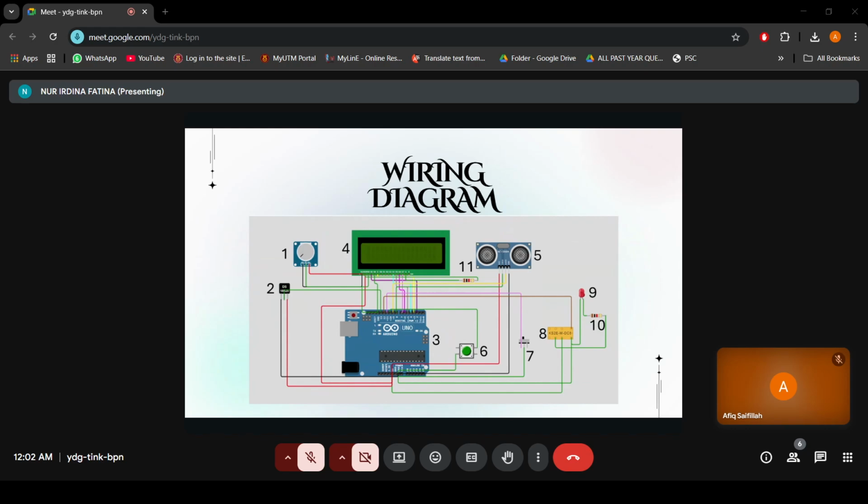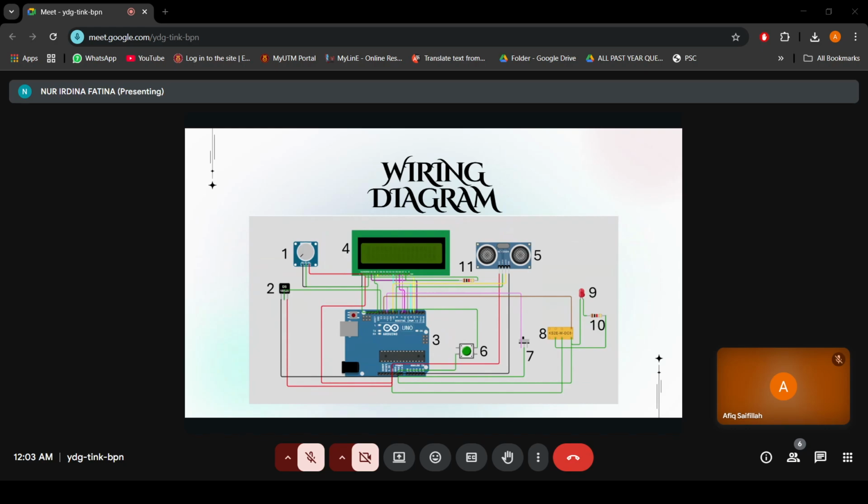In our design, we propose to use Arduino Uno and two most important sensors, which are the ultrasonic sensor and the DS18B20 temperature sensor. These two are the main components in our circuit, and for the display we use the 16 by 2 LCD display. Other than that, we use transistor, LED and other components.